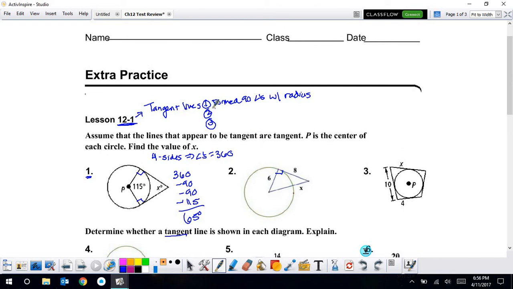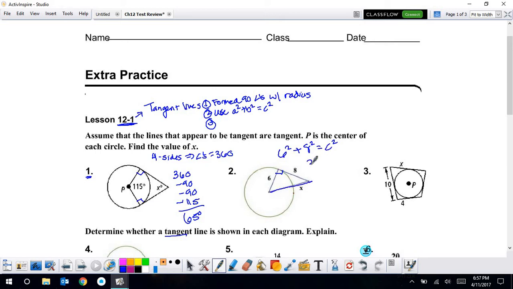Then the next thing that we learned about tangent lines, okay, is that since we have 90-degree angles, you can use the Pythagorean theorem to solve for a missing side or for a missing radius. So in this case for number 2, we have 6 squared plus 8 squared, and I'm going to set it equal to c squared because we don't know the whole hypotenuse yet.